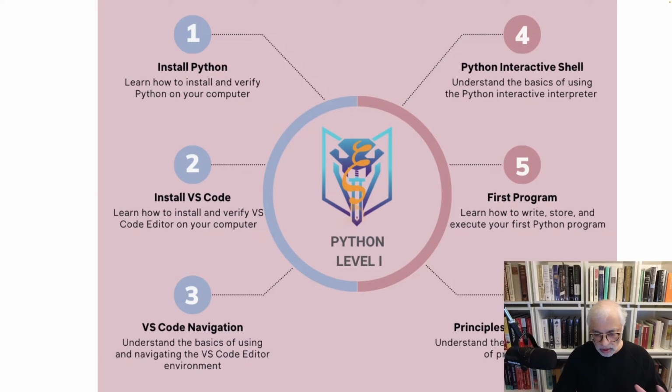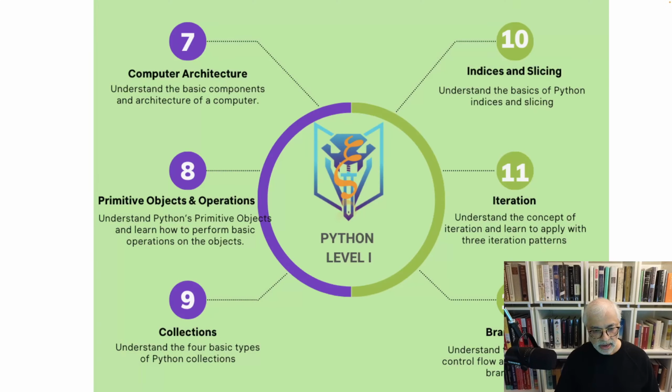Second, a part of level 1 was just getting familiar with some of the basic principles of programming and the basic concepts of programming, and that included primitive objects and operations, collections. There are 4 basic types of collections, fundamental idea of iteration. We had ordered collections and things like strings, which have indices.